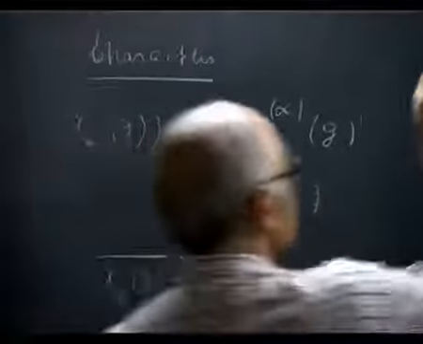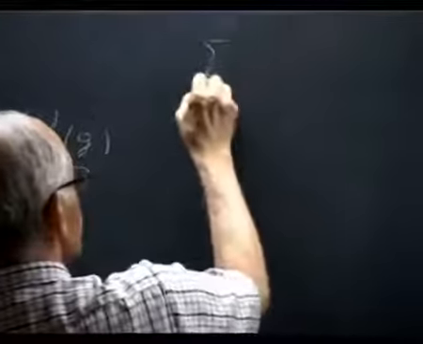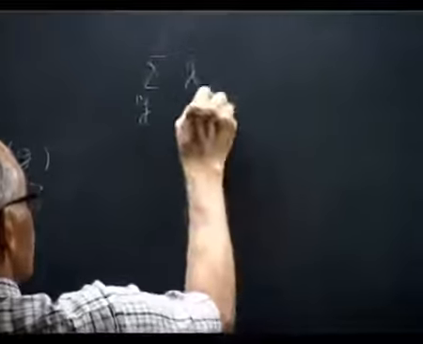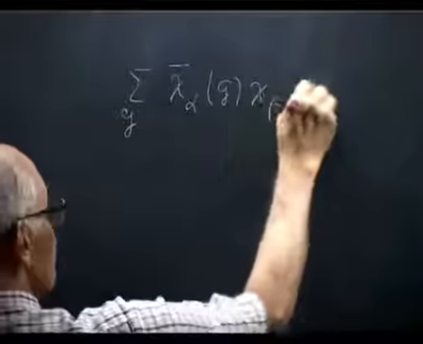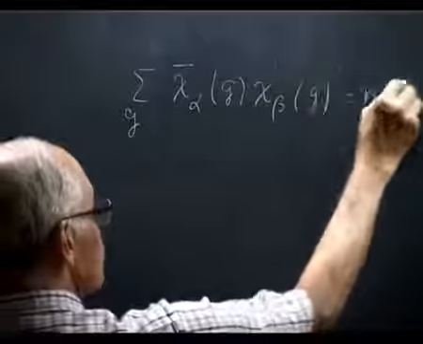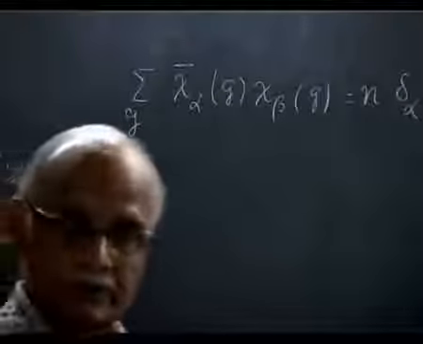We proved character orthogonality, that is the summation over G of chi alpha bar of G chi beta of G is the order of the group times delta alpha beta. We proved that, no?